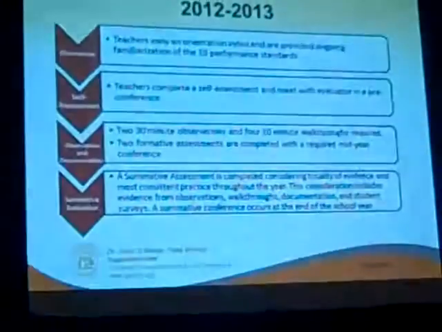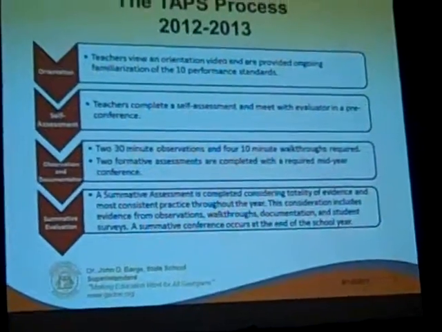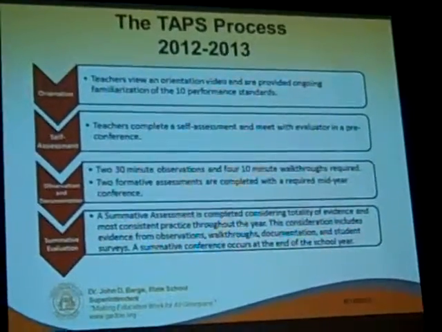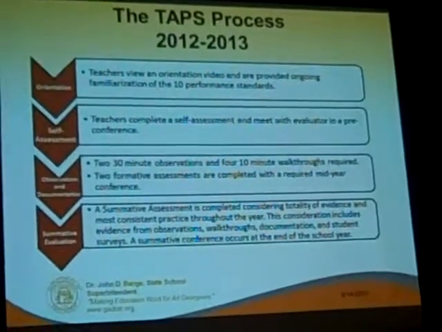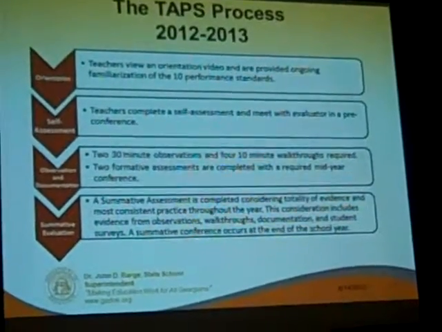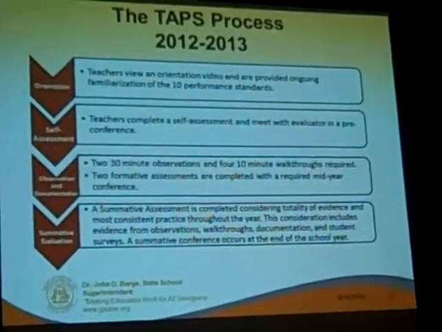The last step in this effectiveness system, the TAPS process of the effectiveness system, is the summative evaluation. And that occurs at the end of the year. The summative assessment is completed, and we are looking at the totality of the entire year and what was the consistent practice of that teacher.